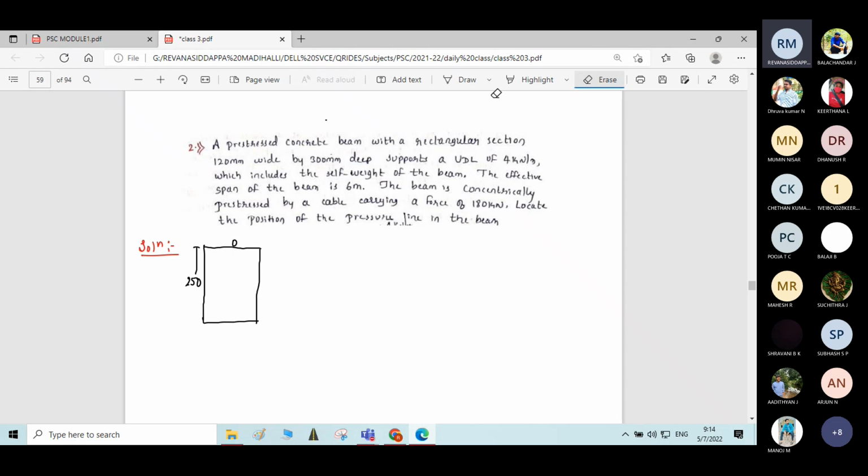Let me change. Okay, 120 by 250 is the cross section, and length of the beam given is 6 meter.